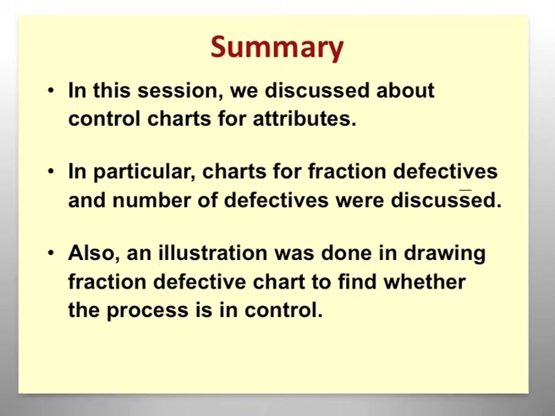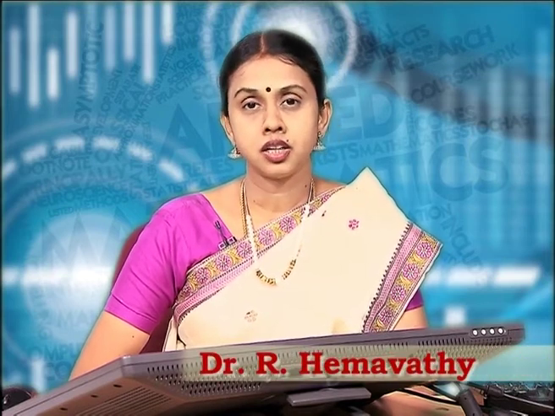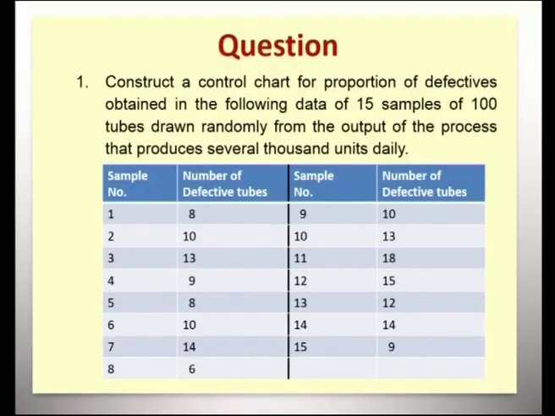An illustration was done in this session to draw the control chart for fraction defective. So, we calculated a central line for P, UCL of P, LCL of P, and we saw in this problem there were 11 values lying outside the control limits, and we termed the process given in this illustration as not in statistical control.